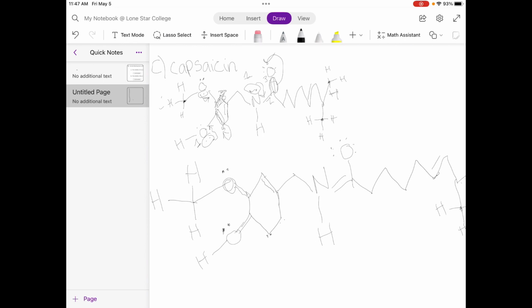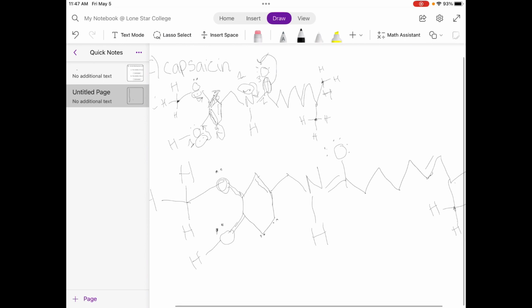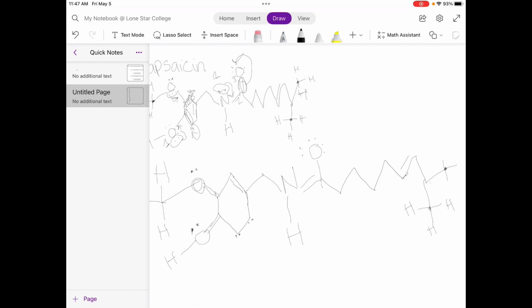I just can't take it out because it takes out the whole figure. Now that looks really weird. These two lone pairs together look weird, but whatever.